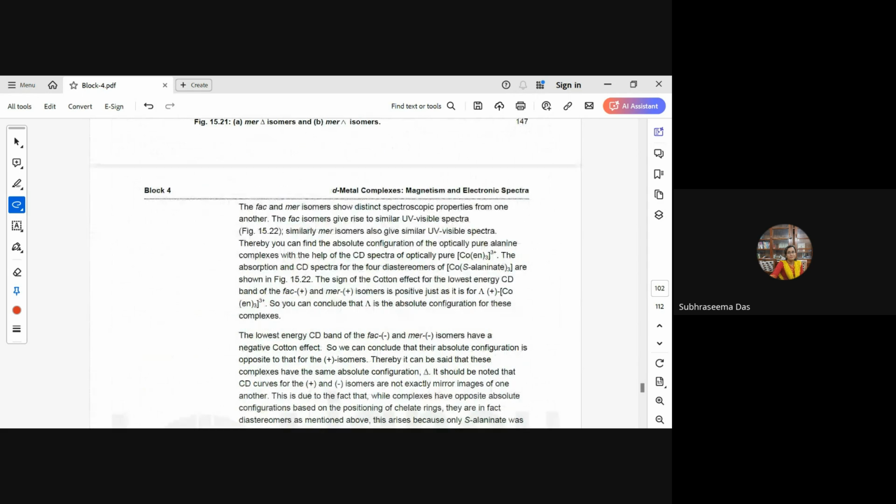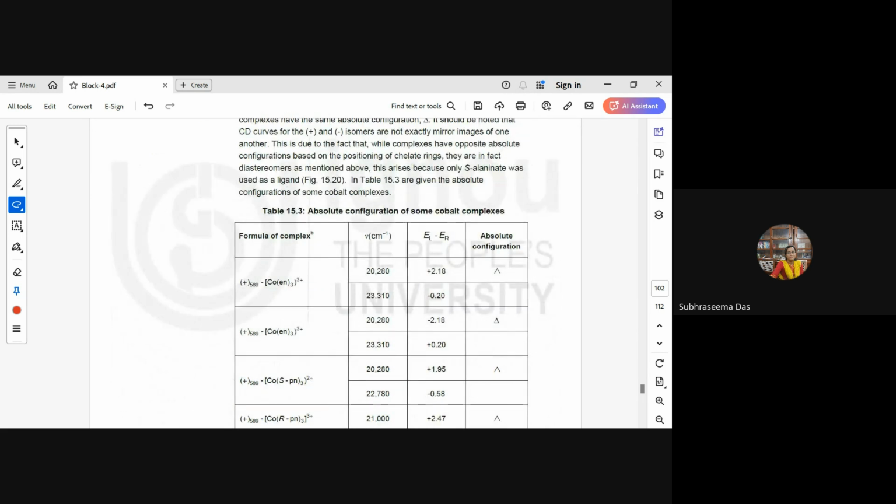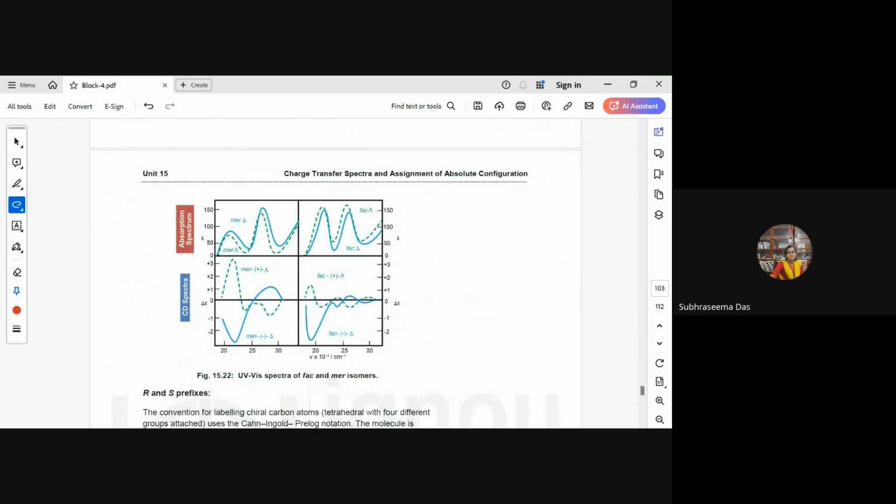Now the facial and meridional isomers have different spectroscopic properties, and that is why they differ in their positive and negative sign. Here the absolute configuration of some of the cobalt complexes has been listed in figure 14.3.